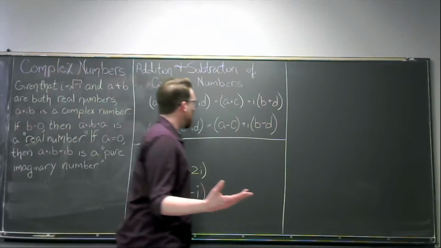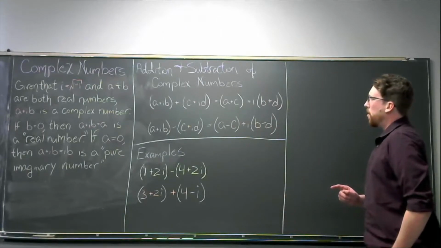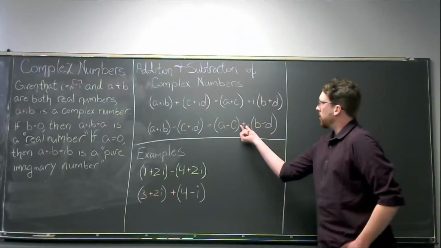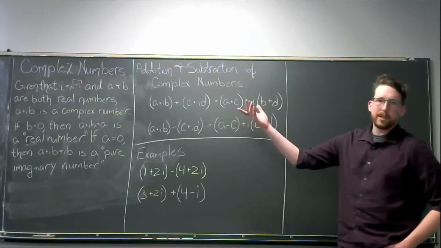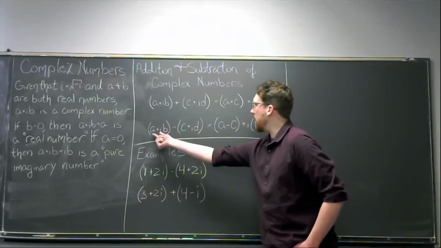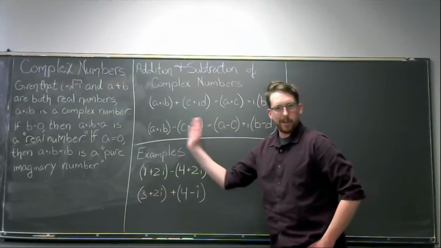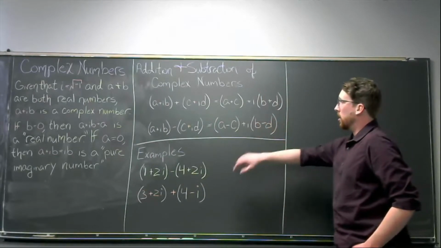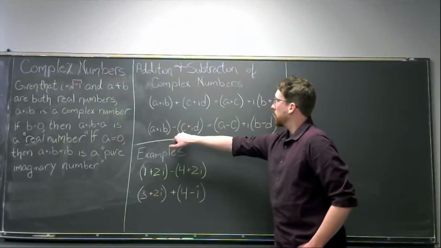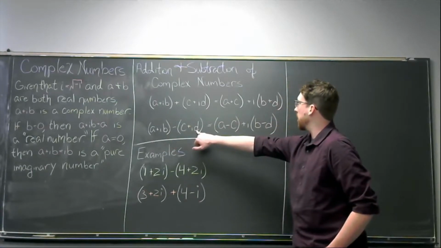Similarly, if we subtracted them, notice there's still an addition here. Why is that? Well, it's because of the way this breaks down. Let's say we removed the parentheses, because we can do that. It's just addition and subtraction. If we were to rearrange things, c here becomes negative, d here becomes negative.